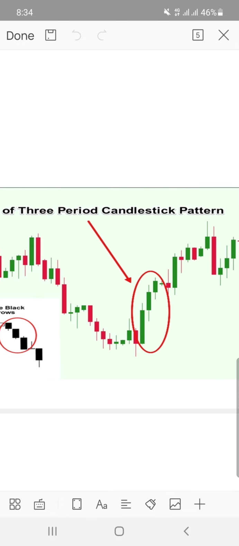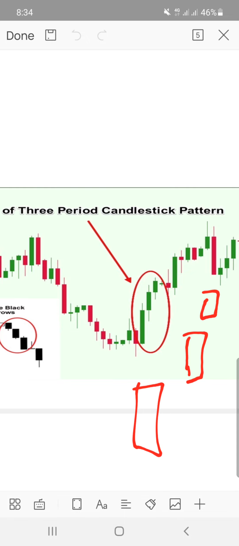See this case now. The first candle was big, was the biggest. The second one was not that big. The third one was not really that big. It doesn't really matter. The main thing is that this is the pattern. The candles are big candles. At the end of a downtrend, you begin to notice these candles form.